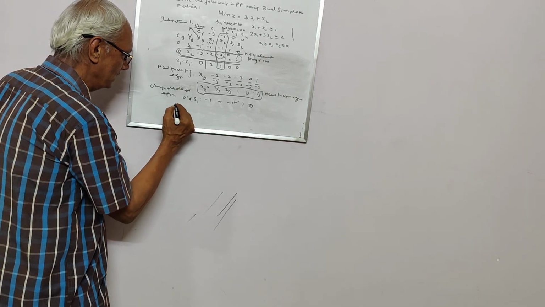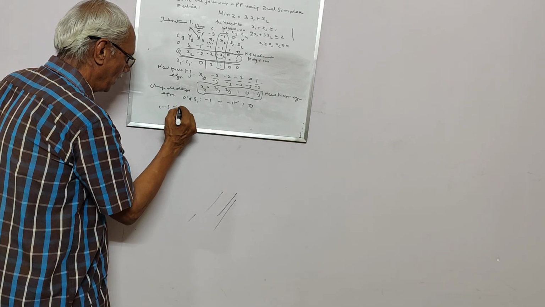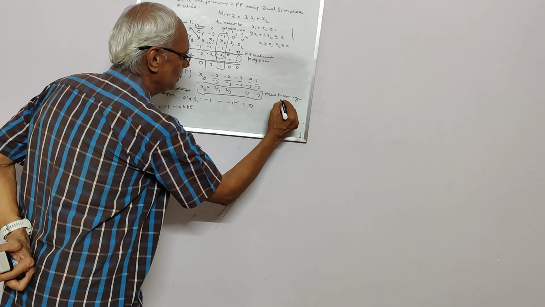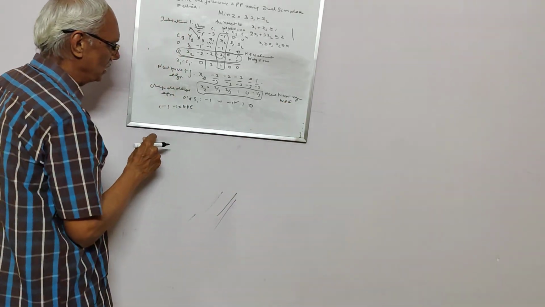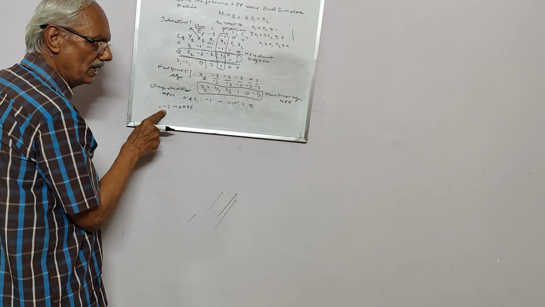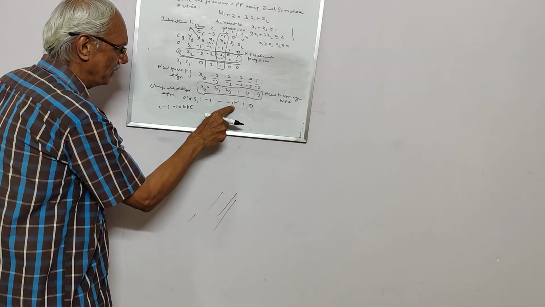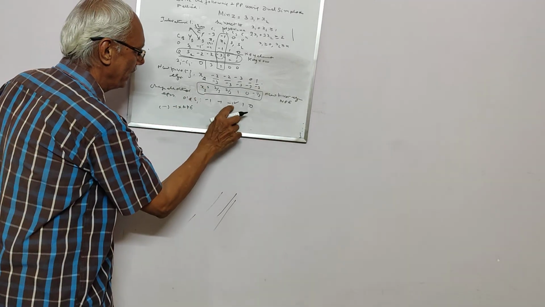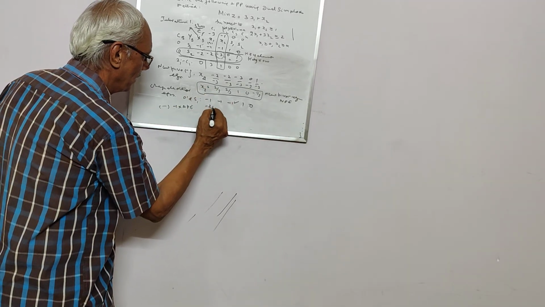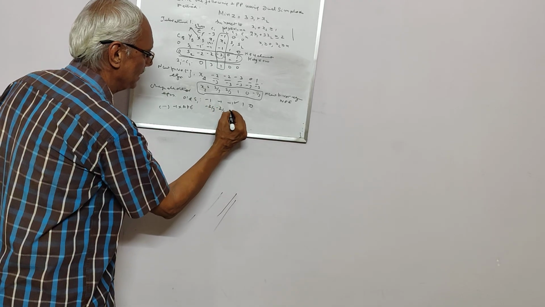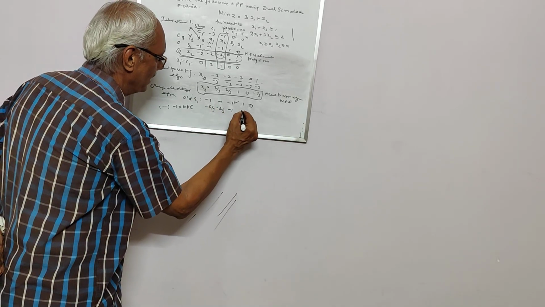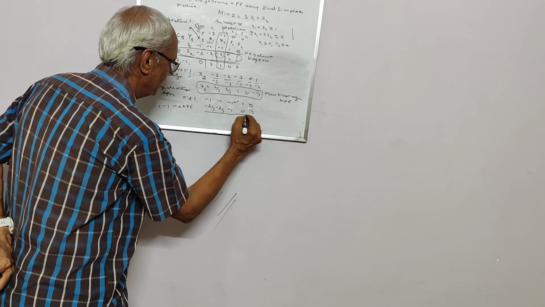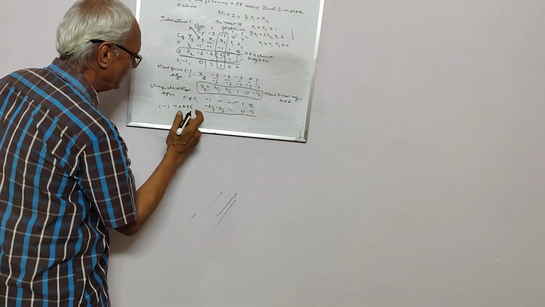So what you will do is take away minus 1 into the new pivot equation. This is the new pivot equation. Multiply this minus 1 with the new pivot equation. Minus 1 into 2 by 3 is minus 2 by 3, minus 2 by 3, then minus 1, then 0, then plus 1 by 3. Now you go for subtraction.